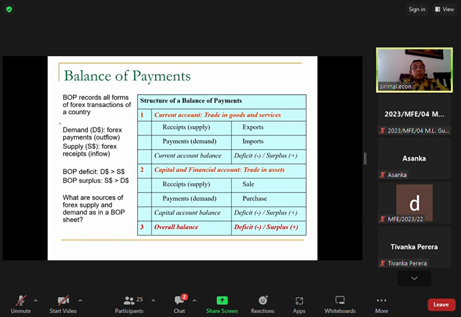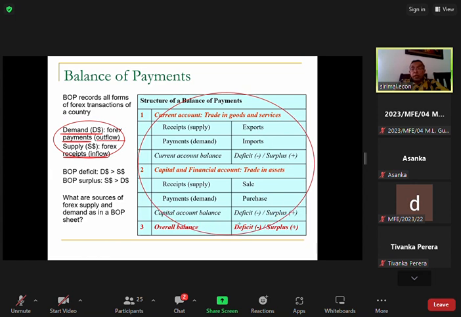Okay, so demand for foreign exchange, I use dollars here. All sorts of payments or outflows constitute the demand. All sorts of receipts or inflows constitute the supply side. Those things are given in our balance of payment sheet when you look at the detailed balance of payment sheet.